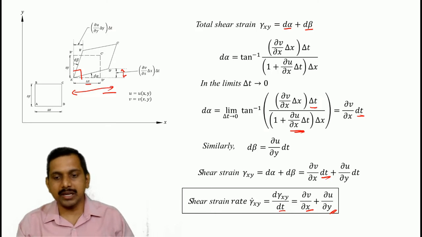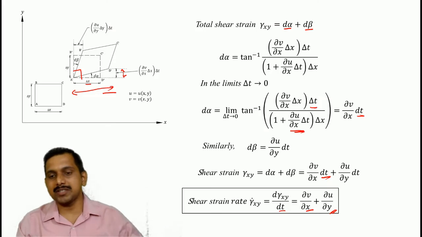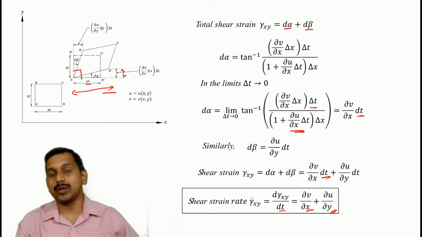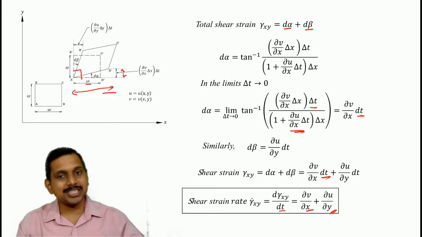Now this strain rate is important. We have seen in Newton's law of viscosity in the first chapter that we were considering the strain rate. Just compare what we were considering there, dou u by dou y. Just go to the first video which I have given on fluid mechanics.